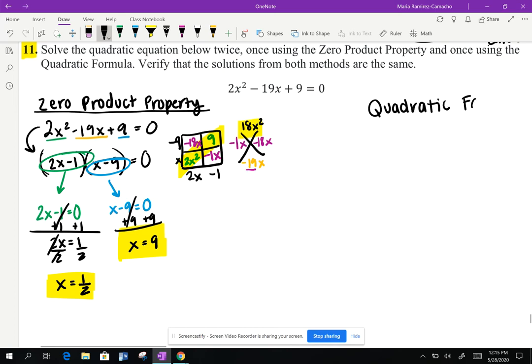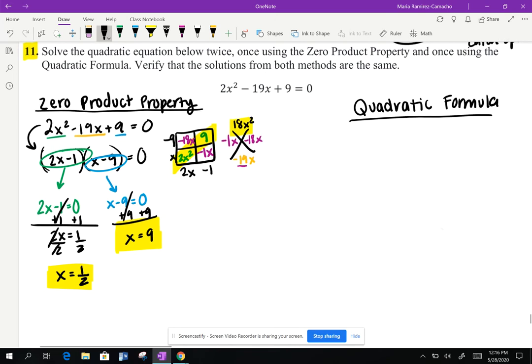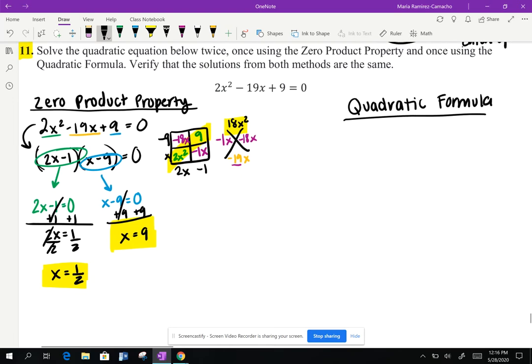Remember that to use the quadratic formula, I need to figure out what my A, B, and C values are because my formula requires that I use these values. So if I rewrite this quadratic equation, A is always the number in front of x squared.